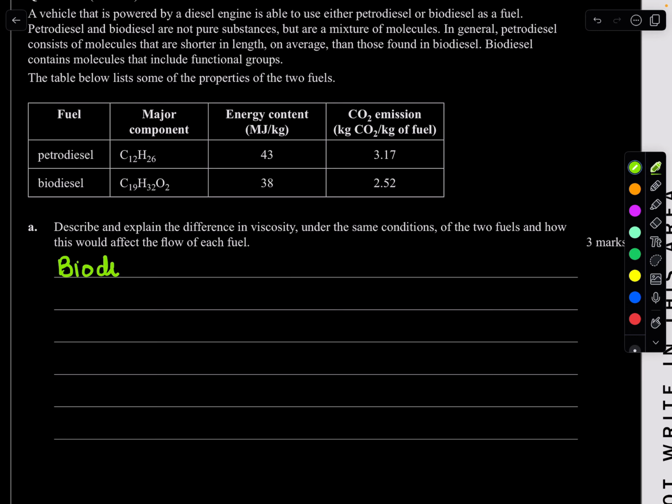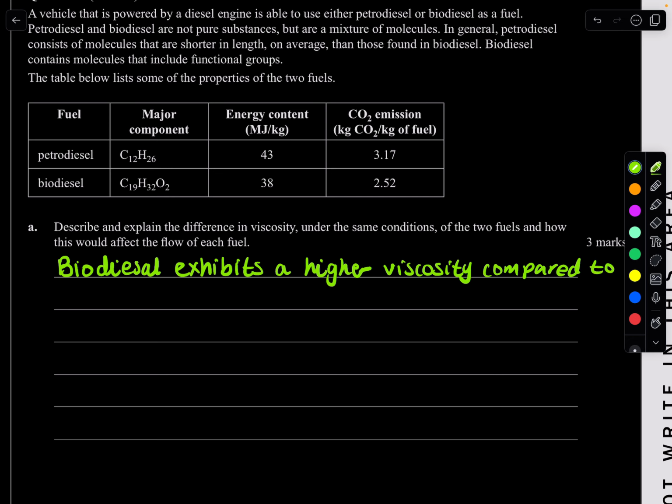we know that biodiesel exhibits a higher viscosity compared to petrodiesel, making it less prone to flow easily.